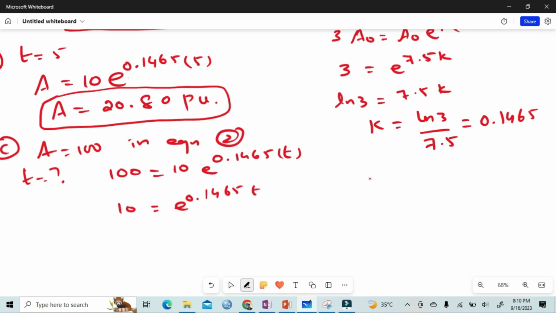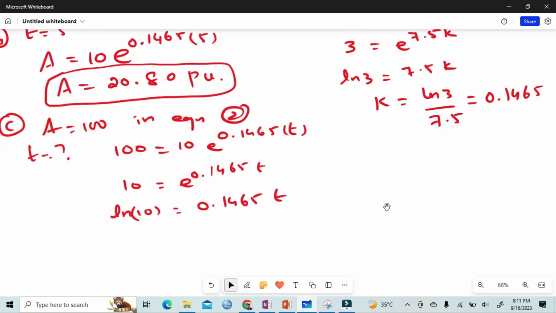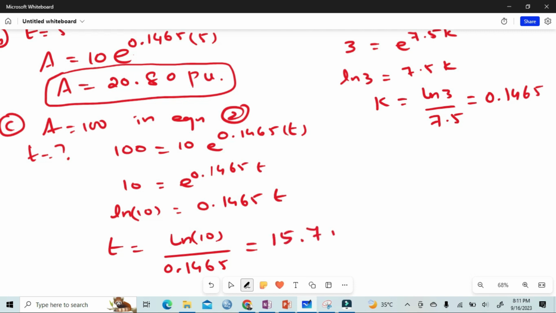Take ln on both sides. It will be ln 10 equals 0.1465 t. So the t value can be found by dividing ln 10 by 0.1465, which is 15.72 years.